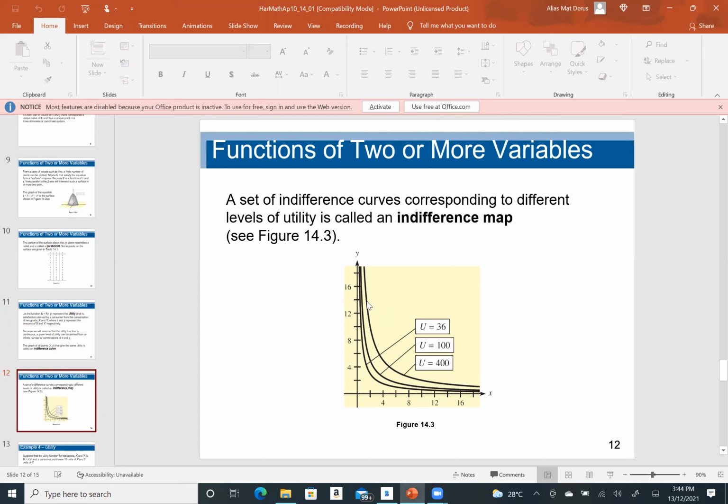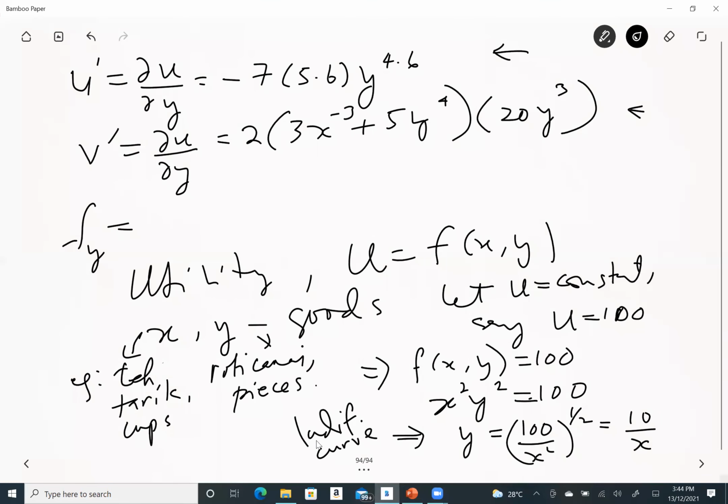Now, let's go through example number 4. You can find the level of utility if, say, x equal to 10, y equal to 2. So suppose we have teh tarik and roti canai.